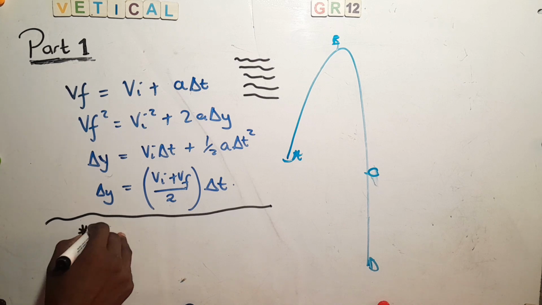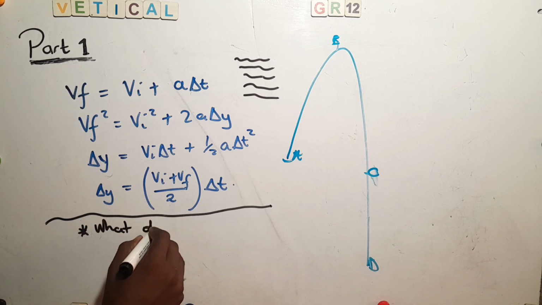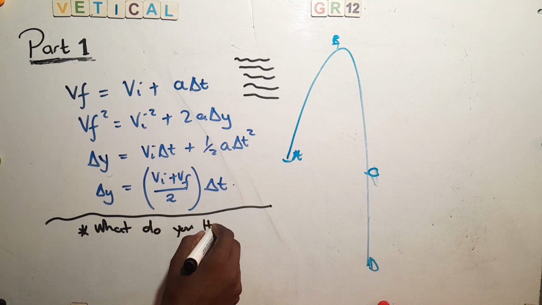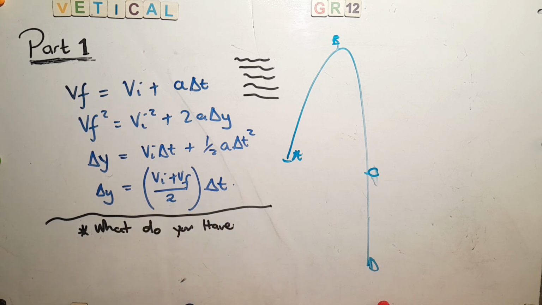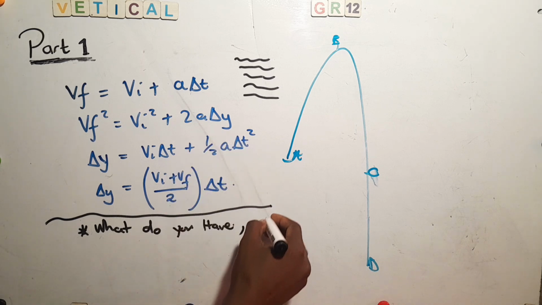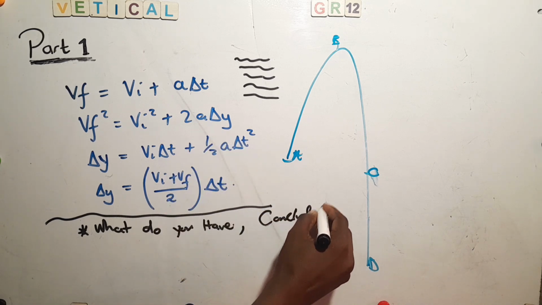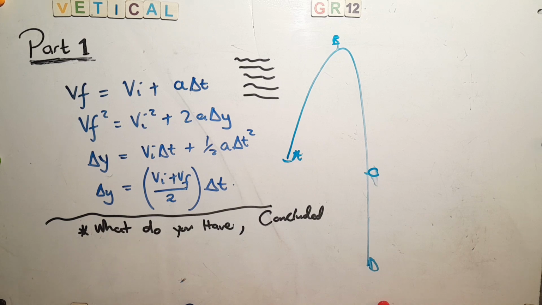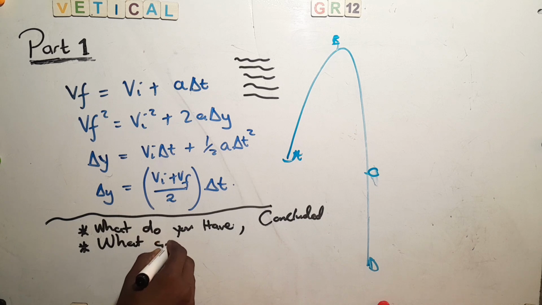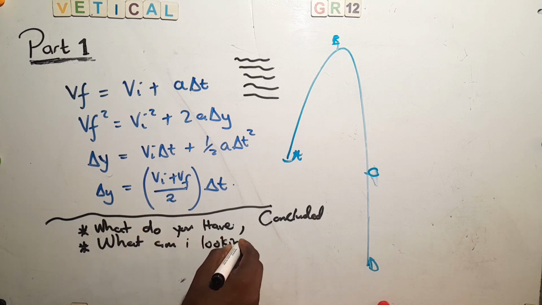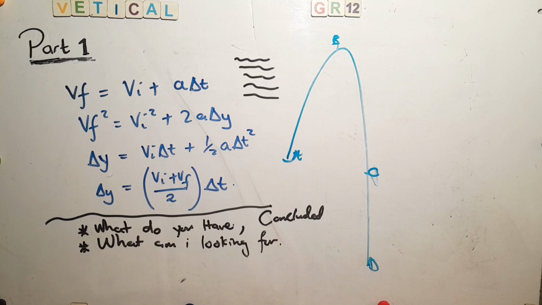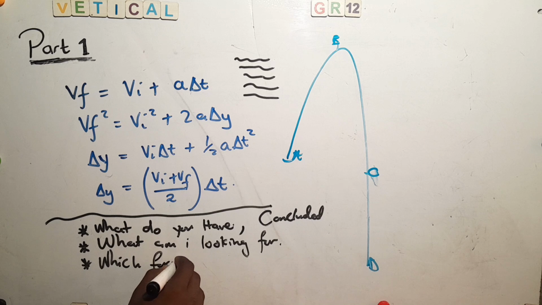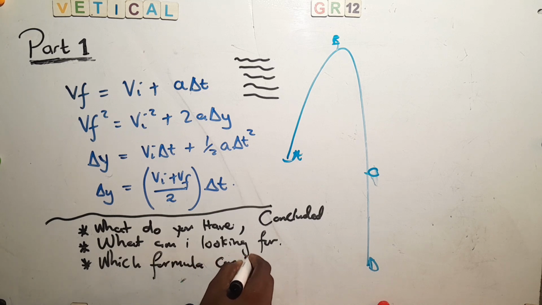First, what do you have from the information that you are given, and also from things that you concluded, right? Second, what am I looking for? And lastly, which formula can work?